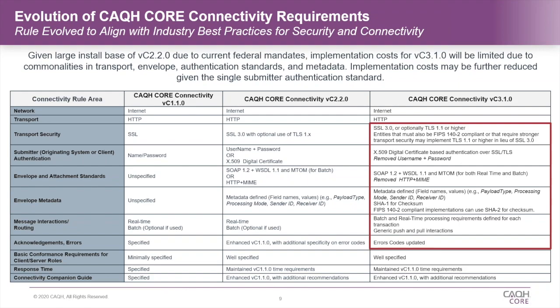For example, in the previous version, we required the use of SSL 3.0 with only optional use of TLS 1.x. The latest version extends those requirements for SSL 3.1, but also allows for TLS 1.1 or higher to ensure that those entities that must be compliant with FIPS 140-2 can do so.